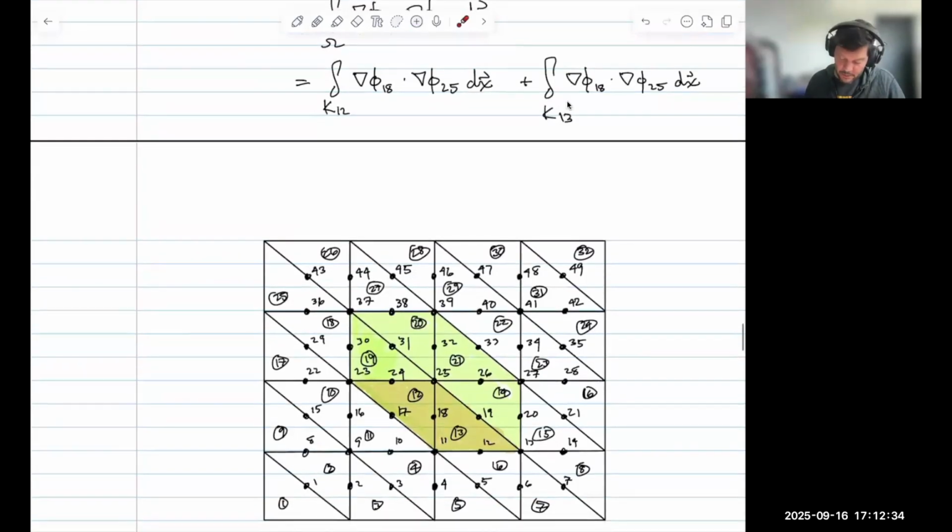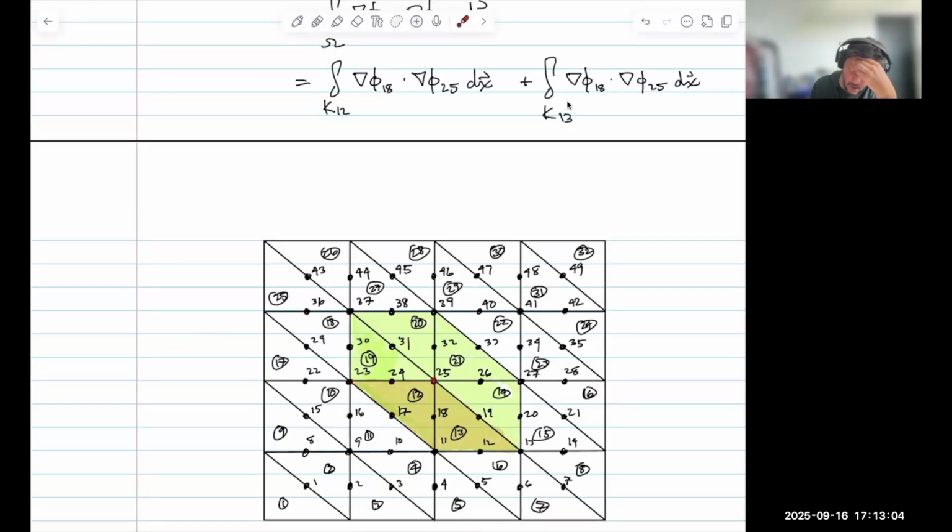So for example, if I look at triangle 12, what basis functions could have a non-zero support over that triangle? In other words, this triangle is part of the support of what possible basis functions? Well, there could be 25 and 18 as I have here, or 25 and 11, or 25 and 17, 23 and 24.